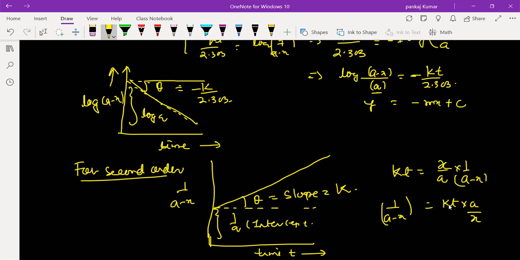So we can take this as y now, y equal to mx plus c. But 1 by a is coming inverse out. Something we made wrong.